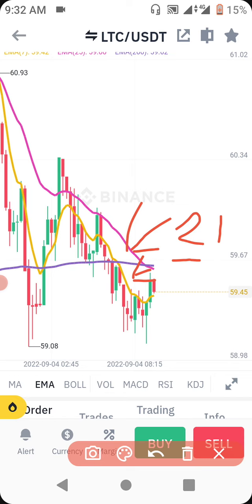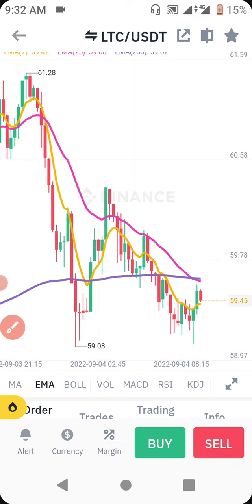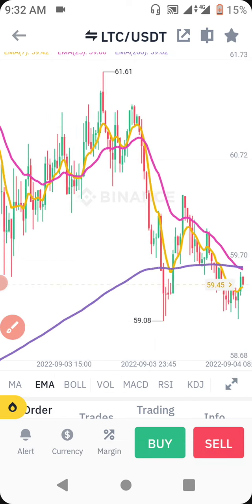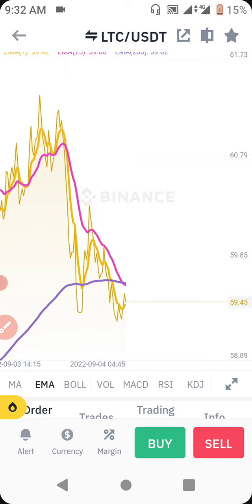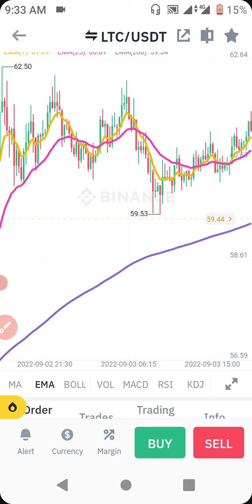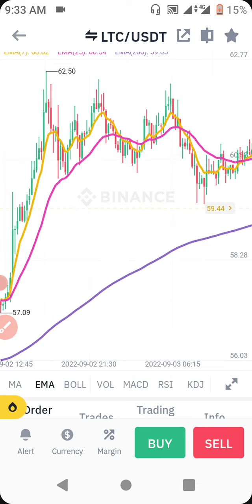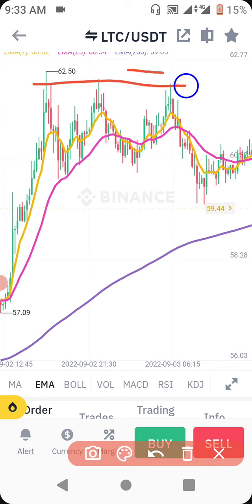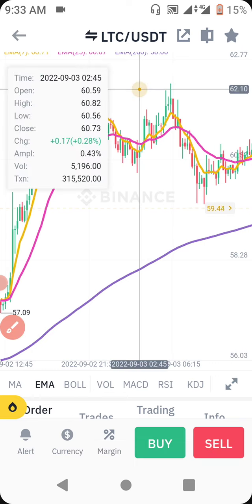Then once it has crossed above it, our target will be here, this main resistance right here, and that's about 62.10.